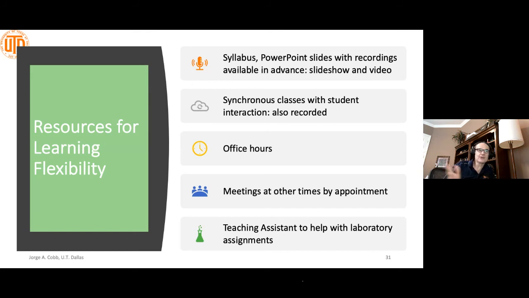Just like a regular class, you have your office hours. The students come and see me during office hours, just like they would during a regular semester. You can have meetings and appointments at any time, with your professors, just setting up, of course, in advance via email. And we have an army of teaching assistants to help with all the laboratory assignments and to, of course, grade your homeworks, but also have office hours and answer questions about the material.